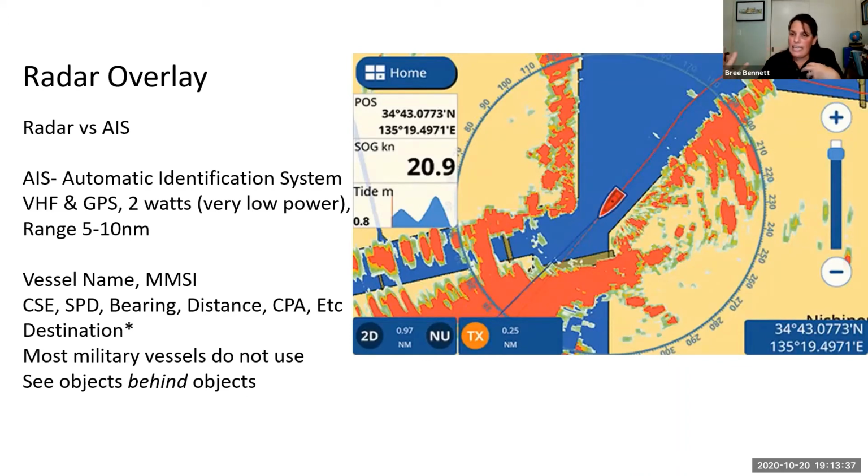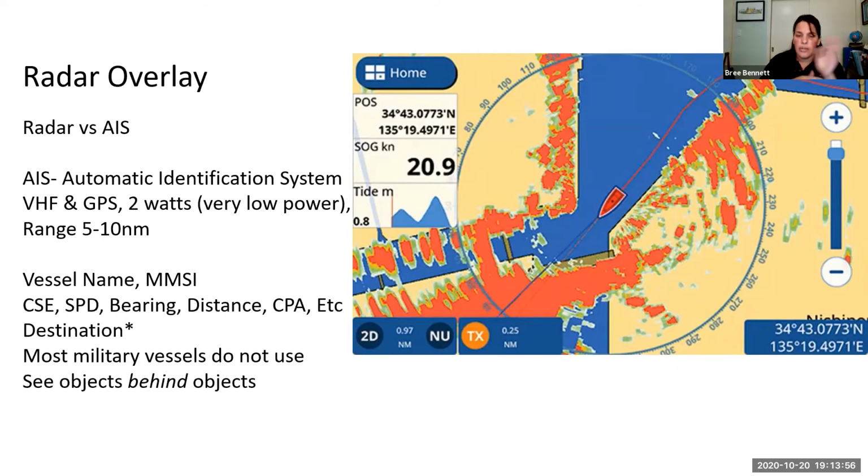Are we looking at land? Are we looking at a buoy? Is that a bunch of moored vessels because they're in a mooring area? It really helps identify what's on the radar screen as well as what's on the chart plotter.